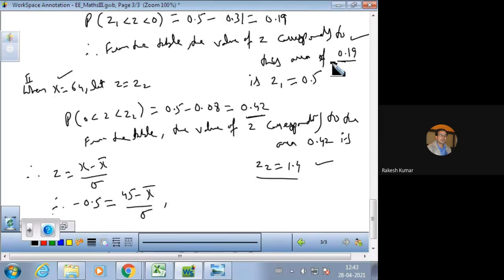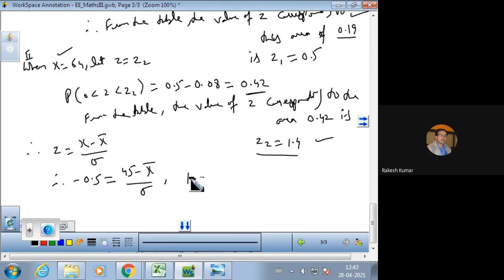So this will be written as 1.4 is equal to (64 minus x bar) over sigma. So name it as equation number 1, name it as equation number 2. Equation number 1 और equation number 2 को solve करेंगे तो x bar और sigma की value आ जाएगी and those values we require.